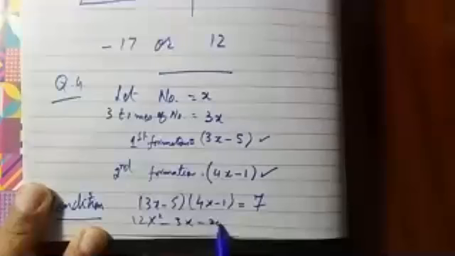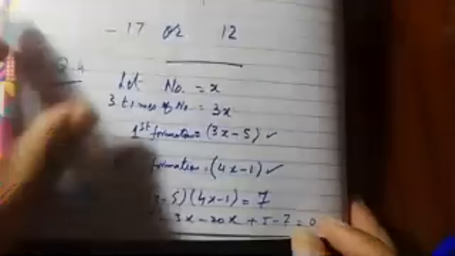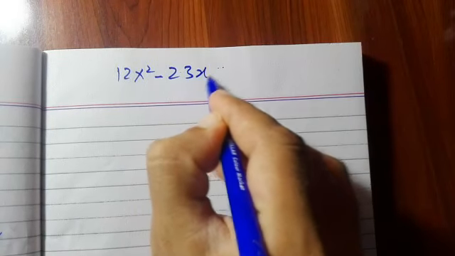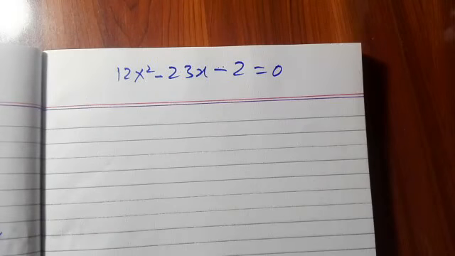So the equation will become 12x square minus 23x minus 2 equals to 0. Okay, so this will be the equation.